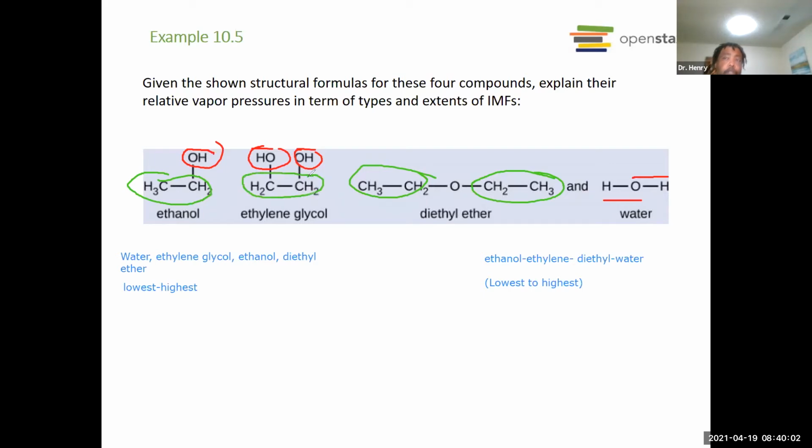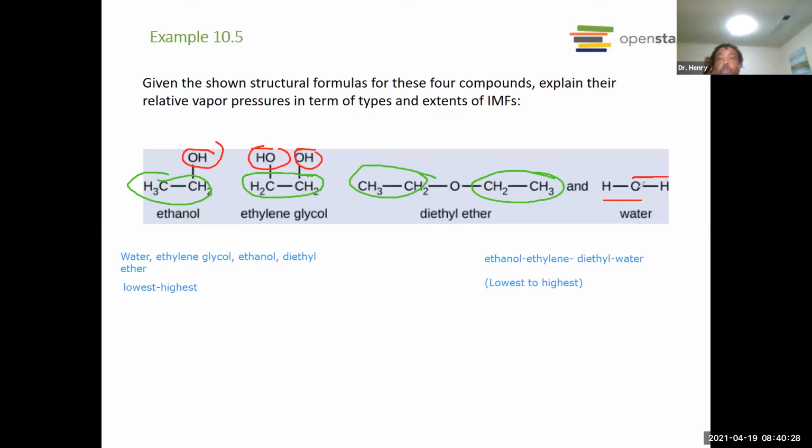Two polar molecules are able to do them as well, but they're not as important as the hydrogen bond. So knowing that, this guy has hydrogen bonds and dispersion forces. This guy has hydrogen bonds and dispersion forces. These guys just basically have dispersion forces, and this guy has hydrogen bonds primarily.